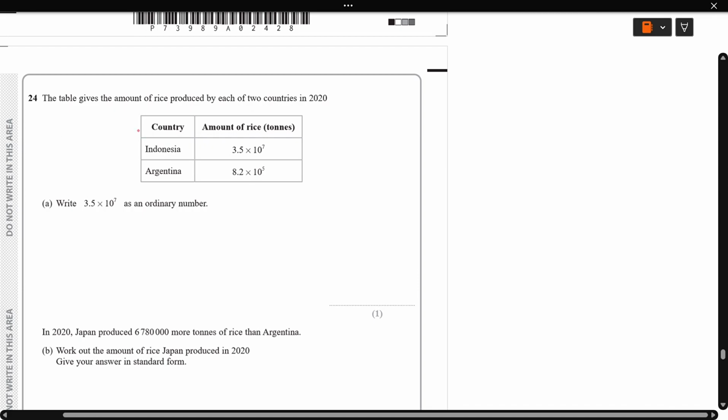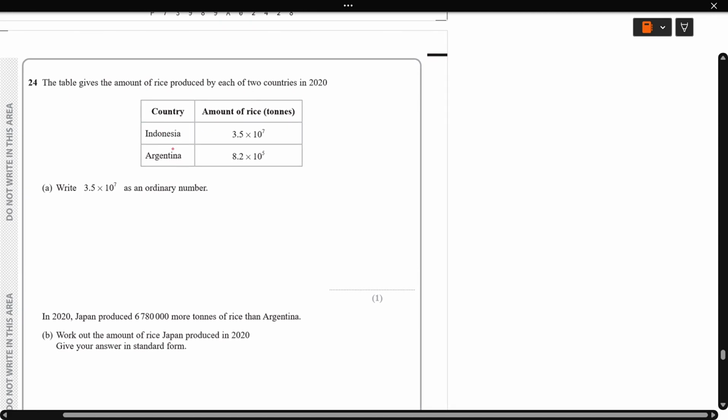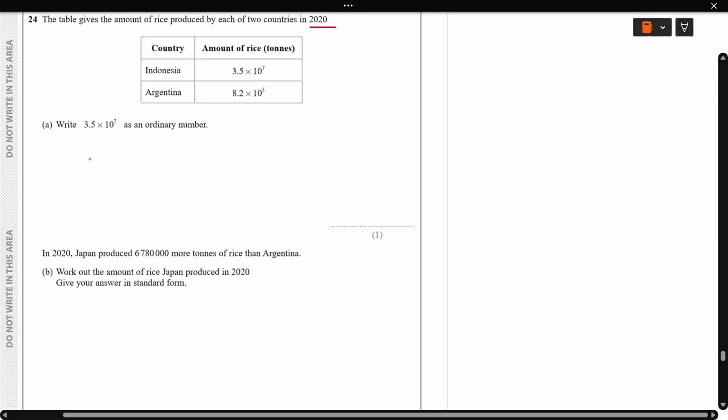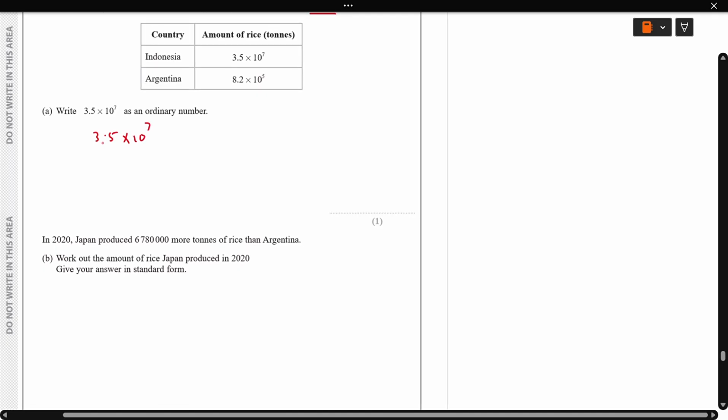Next, the table gives the amount of rice produced by each of two countries, Indonesia and Argentina. In 2020 they produced 3.5 times 10 power 7 as an ordinary number. So this decimal has to move 7 places.